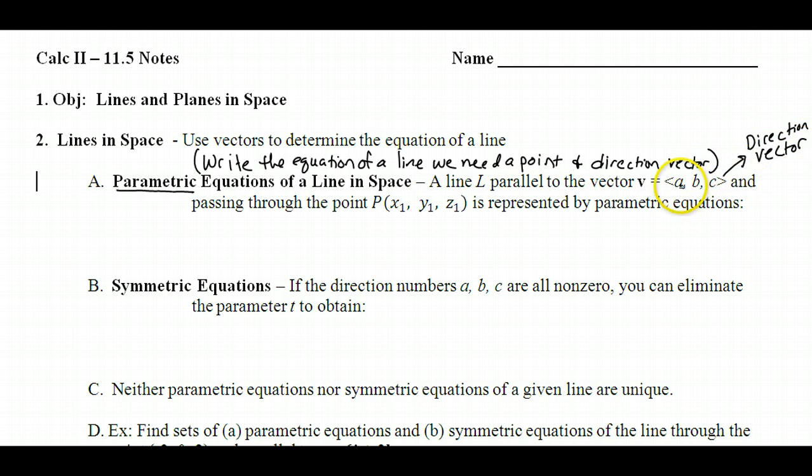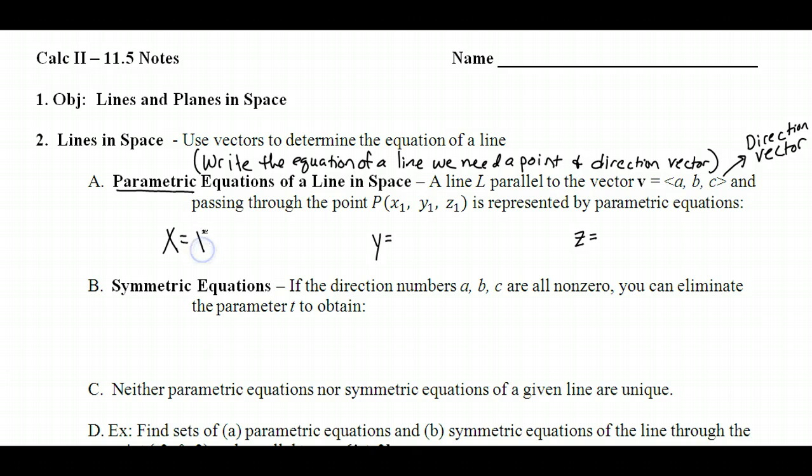Your direction numbers are a, b, and c, and the line has to pass through a point. Again, this can be any point on our line. It's represented by these parametric equations. Our parametric equations need what x is equal to, what y is equal to, and what z is equal to, because this is a line in space, so we need our three dimensions.